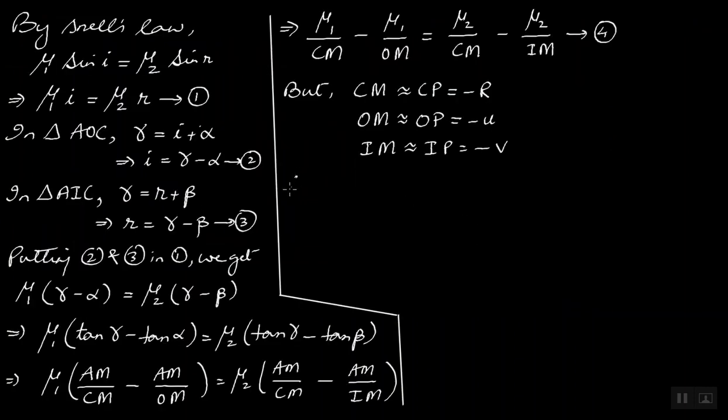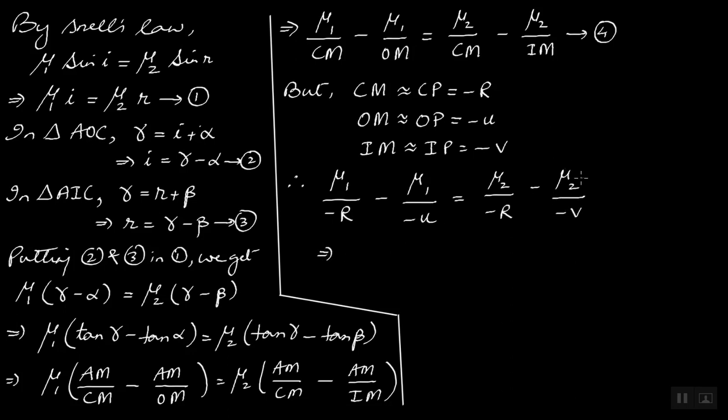Got it? So let us substitute these values in equation 4. So you get mu1 by CM, which is minus R, minus mu1 by OM, which is minus U, is equal to mu2 by CM, again here this is minus r, minus mu2 by IM, which is minus v.